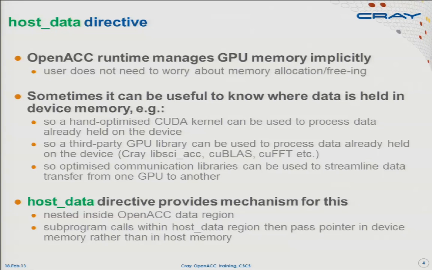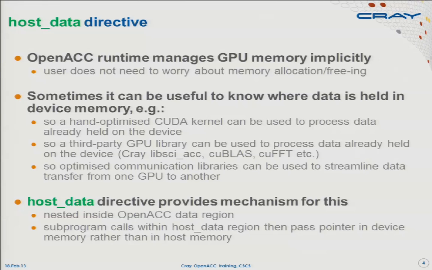So basically, you've got an OpenACC data region. Well, of course you have. That's how you got your array onto the GPU to start with. Now that this array is on the GPU, within the acc data region, you would like to process this data on the GPU in some way. So within this data region, you want to say, I'm calling something, a library call, a call to your own CUDA kernel, a call to MPI.